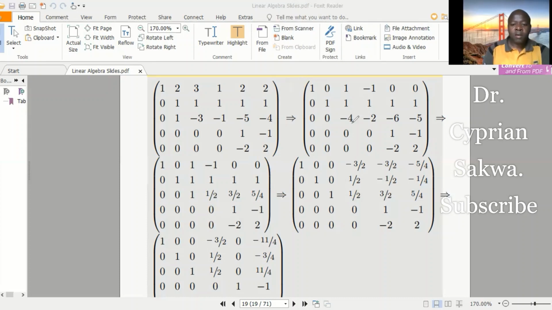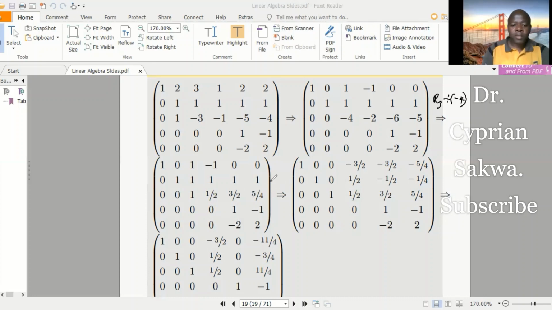So this is now our leading element. We must make it leading 1 by dividing row 3 by negative 4. So when you divide row 3 by negative 4, you'd have 1, a half, 3 out of 2, and then 5 out of 4.